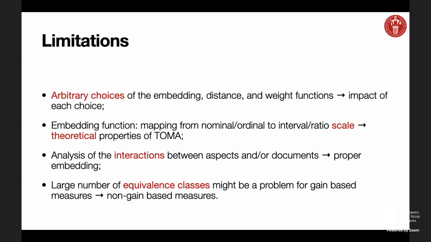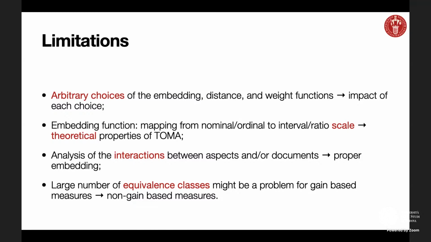So this is a topic for future work. Also, when we do the embedding function, we map what is a nominal or ordinal scale to an interval ratio scale, and again, it's not clear what the implications of this are.